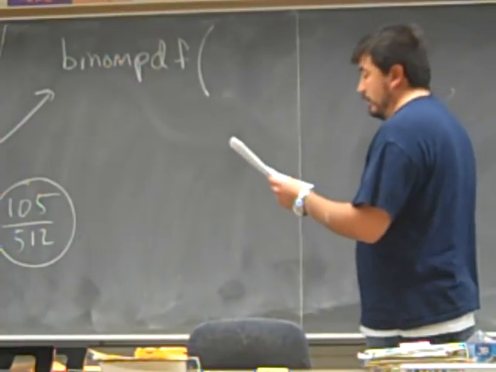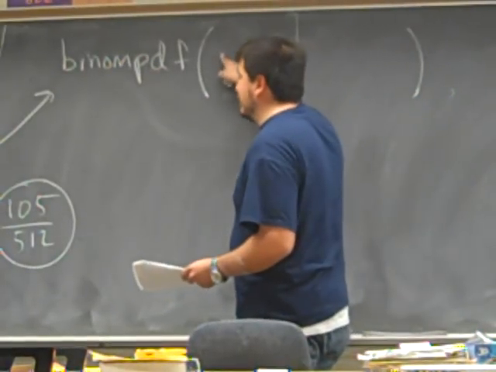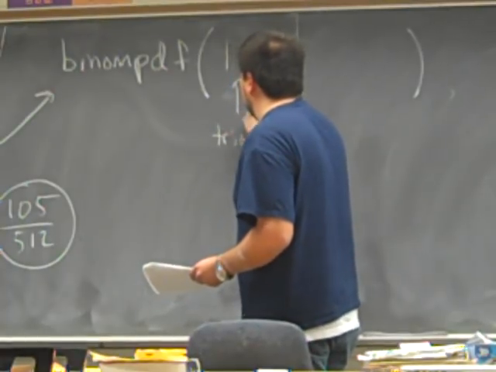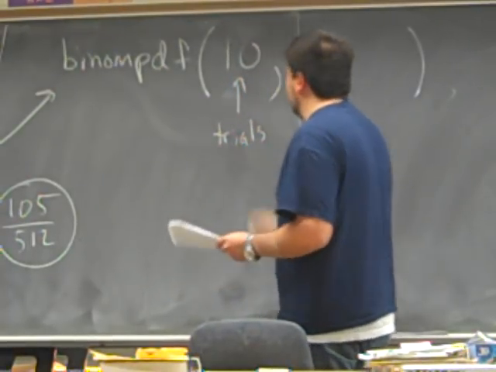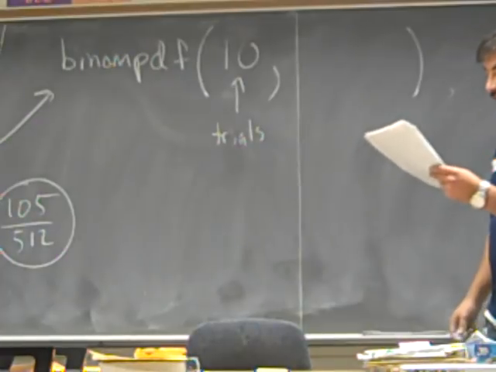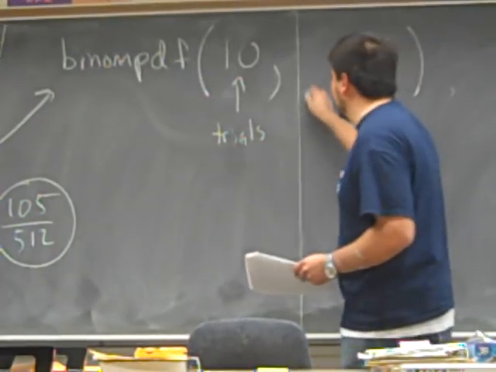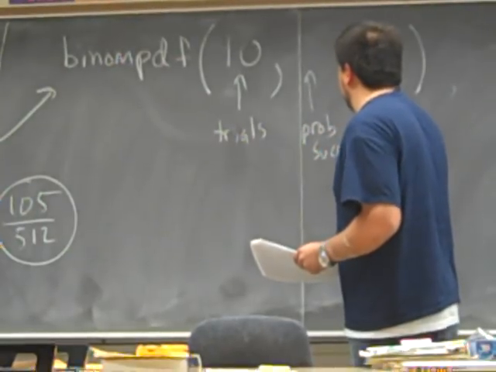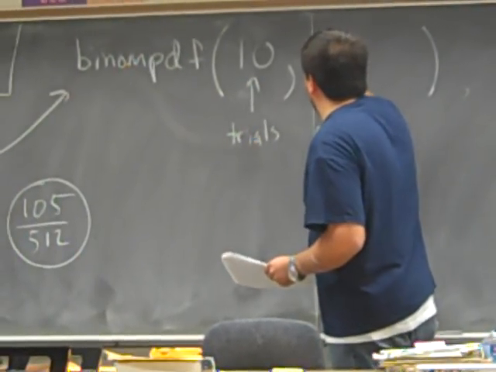Okay, and then what you're going to do is you type in 10. So this represents the number of trials. You type in the probability of success, which is, in this case, 1/2.